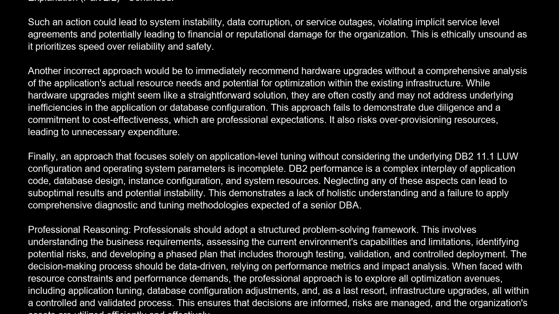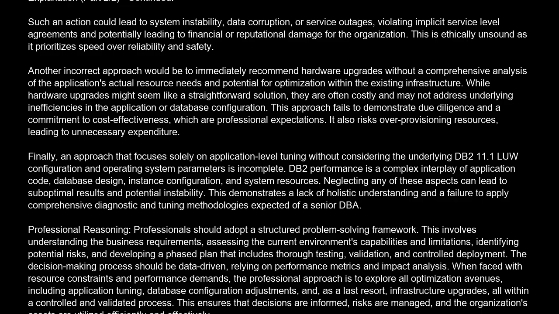This involves understanding the business requirements, assessing the current environment's capabilities and limitations, identifying potential risks, and developing a phased plan that includes thorough testing, validation, and controlled deployment. The decision-making process should be data-driven, relying on performance metrics and impact analysis.